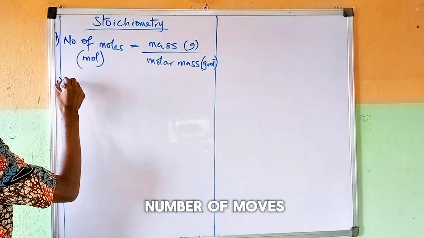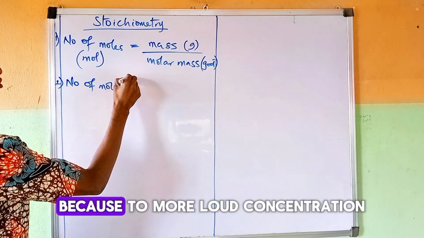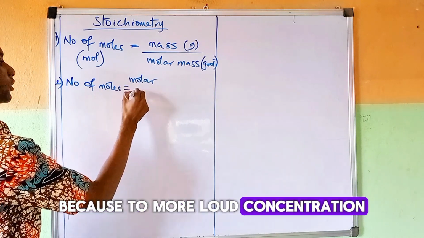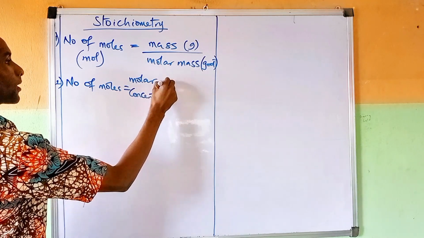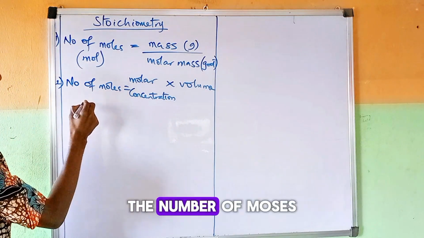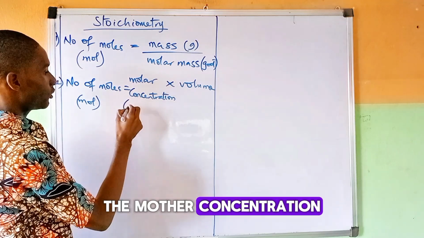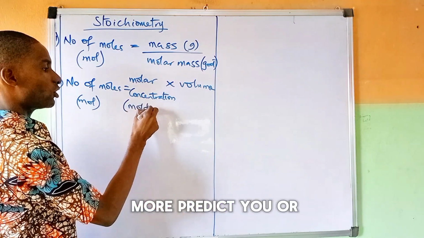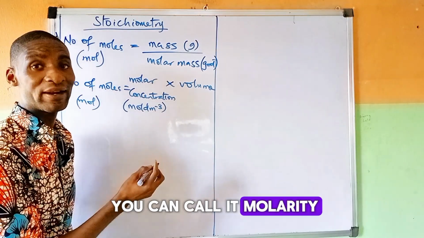Next, number of moles equals molar concentration times volume. The number of moles is in mole, and the molar concentration, the unit is mole per dm³, or you can call it molarity.